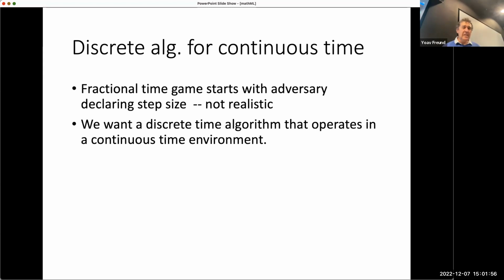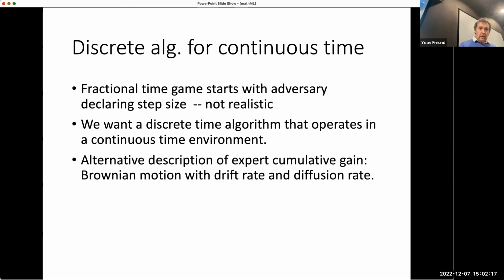Okay, so what we basically want here is a discrete time algorithm that operates in continuous time environment, right? The adversary is doing Brownian motion, but we can interfere only in discrete times. So we want in these discrete times to do something that would scale. There's an alternative description of expert cumulative gain.